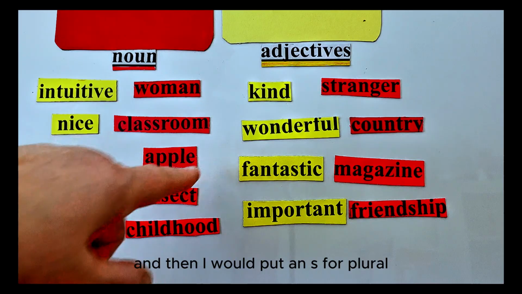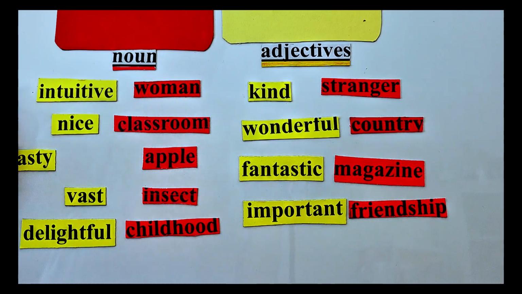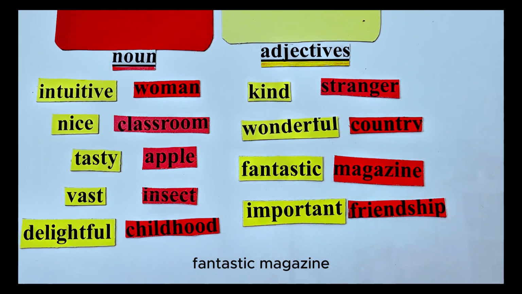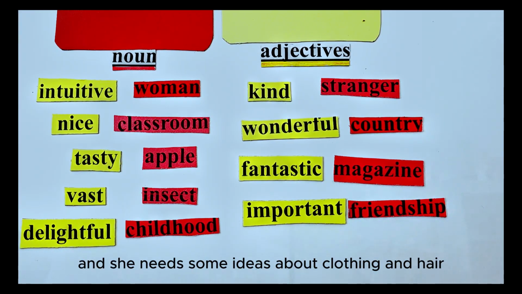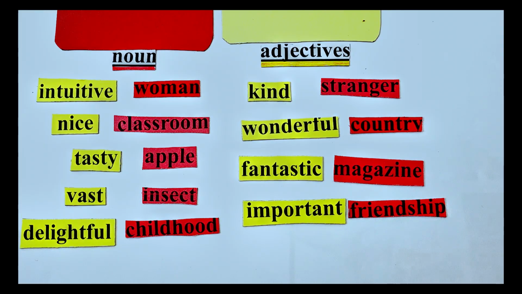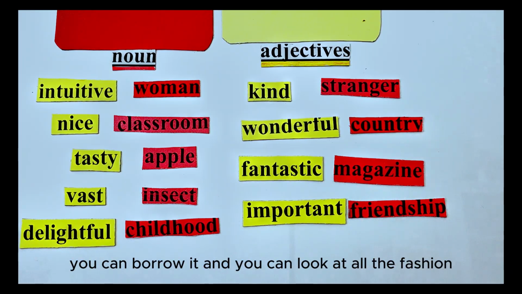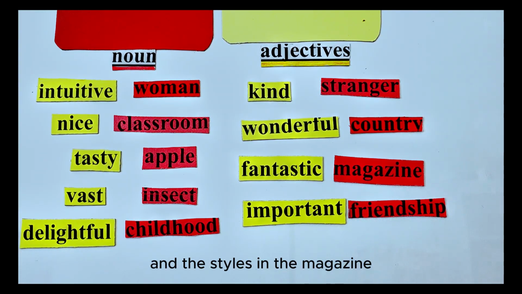And then I would put an S for plural. Fantastic magazine. Your friend is going into modeling and she needs some ideas about clothing and hair. And so you say, "I have a fantastic magazine." You can borrow it and you can look at all the fashion and the styles in the magazine.